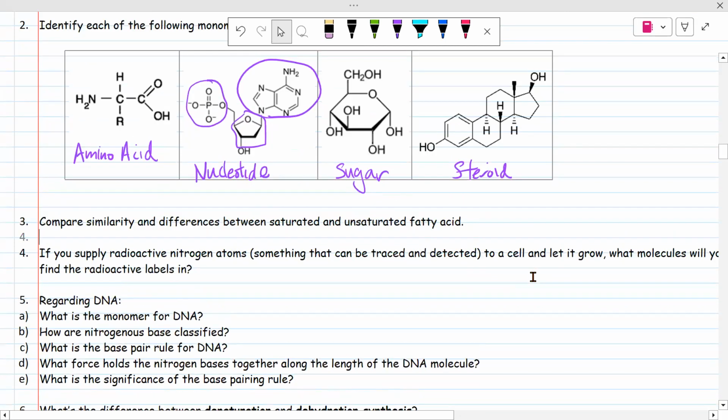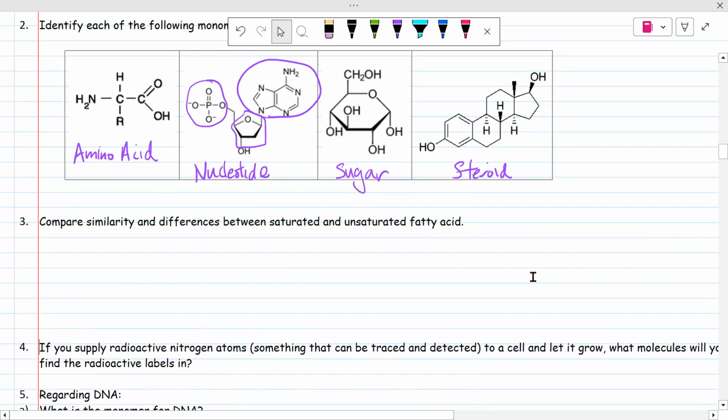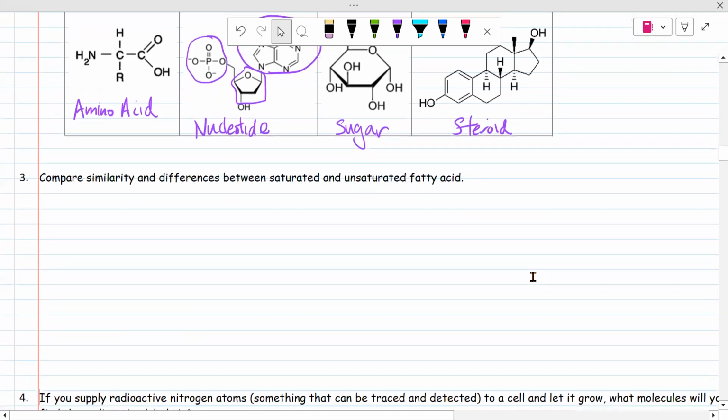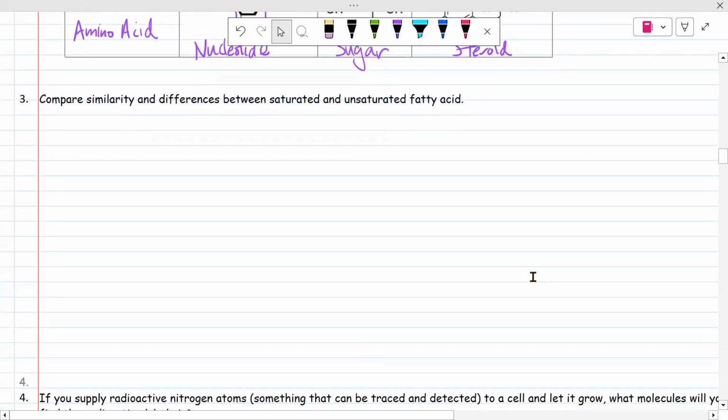Compare similarities and differences between saturated and unsaturated fatty acids. Okay, so let's do this.